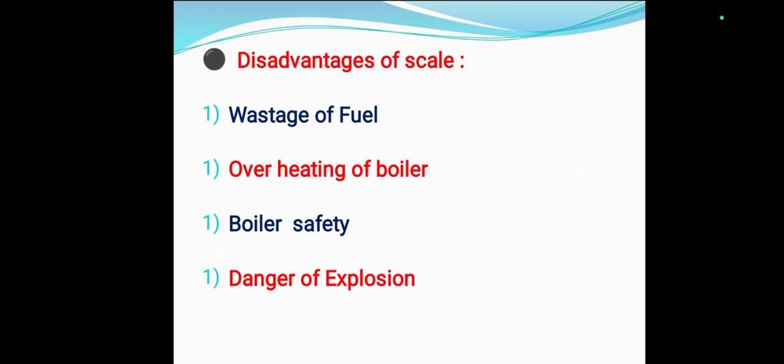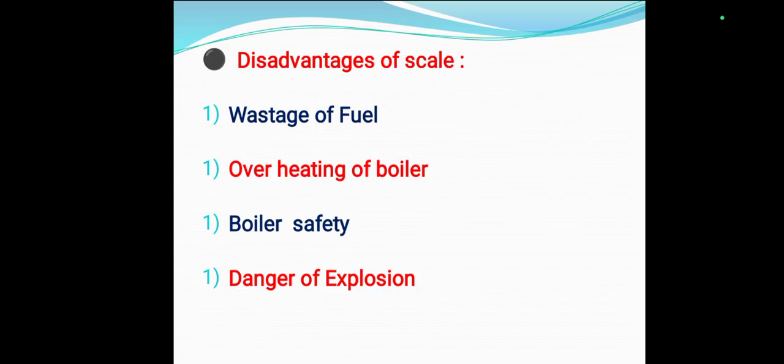How? See, because of wastage of heat, 100% of the heat is not getting transferred inside the boiler. So some portion of heat is absorbed by the scale. So here, in order to maintain the required pressure of steam, we have to provide more heat.